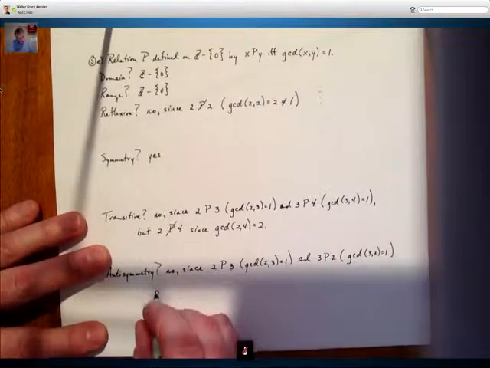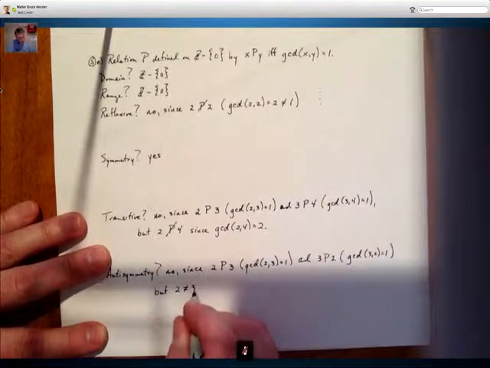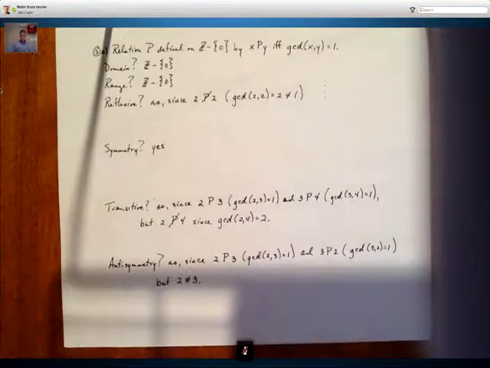It doesn't matter how we put them in there. But 2 and 3 are not equal to each other. Okay. So, not anti-symmetric.